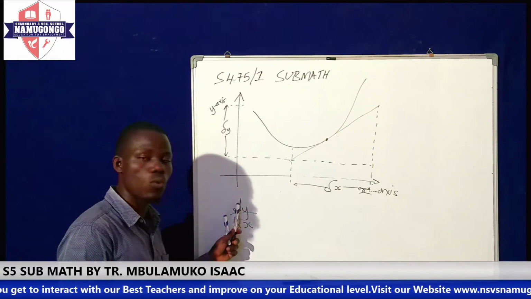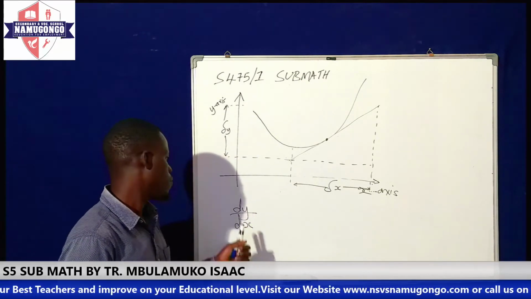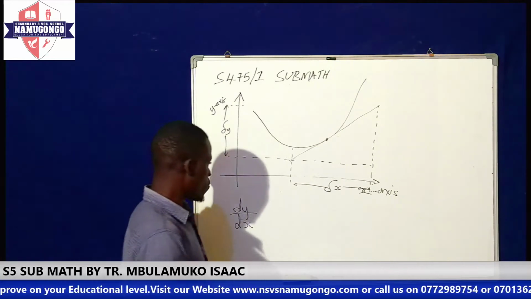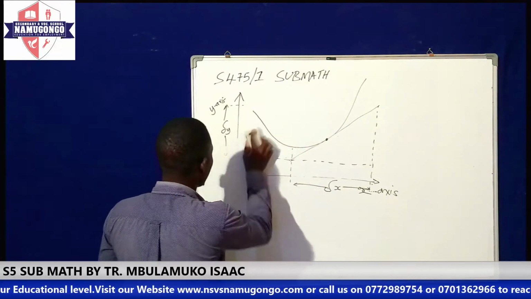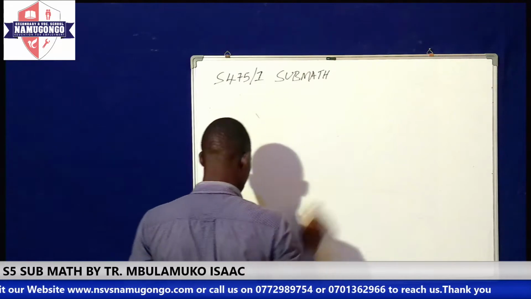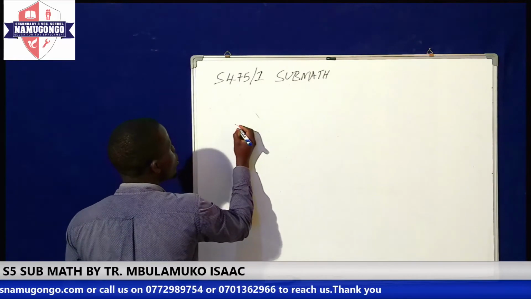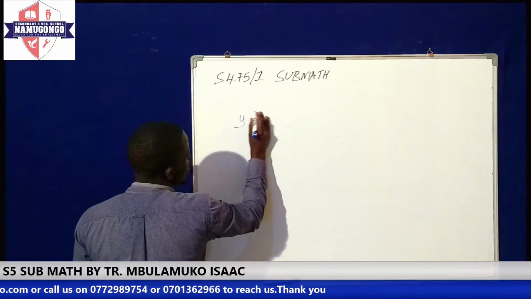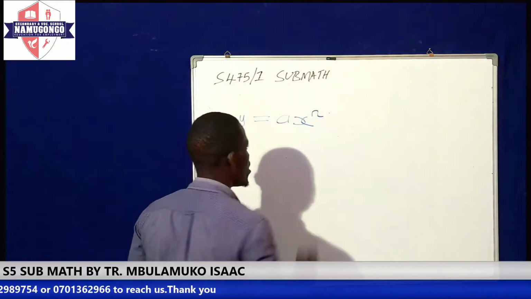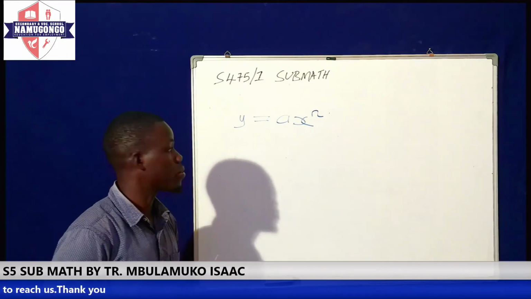So whenever you find dy/dx, we are differentiating, or that is what we call a differential function that has been differentiated. Now, to move on, we also have the general form. In our general form, we are going to consider a given function y equal to ax to the power n.